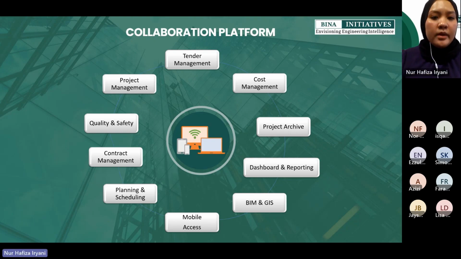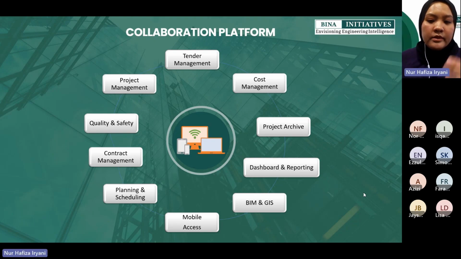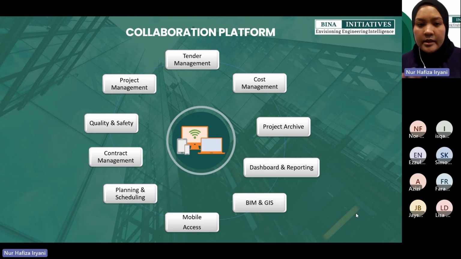So we talk about quality and safety. Yes, quality and safety is actually one of the core modules for EDMS. Because when we talk about quality and safety, what is in our mind? Observation, inspection checklist, incident reporting, safety data sheet, permit management, etc. EDMS comes with these tools, which allow users to conduct safety observation and inspection, record findings, track corrective action, and so on.